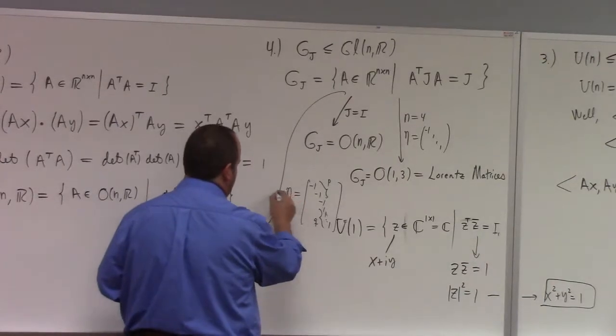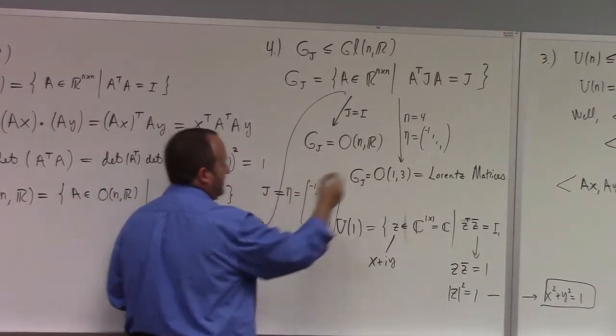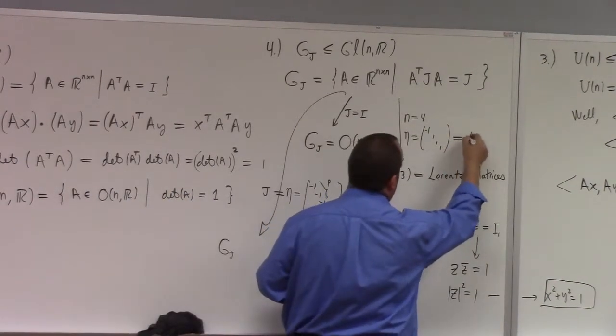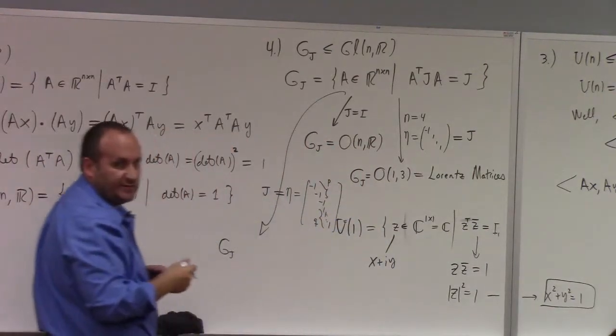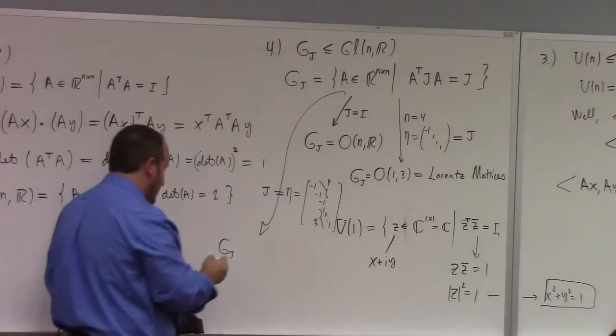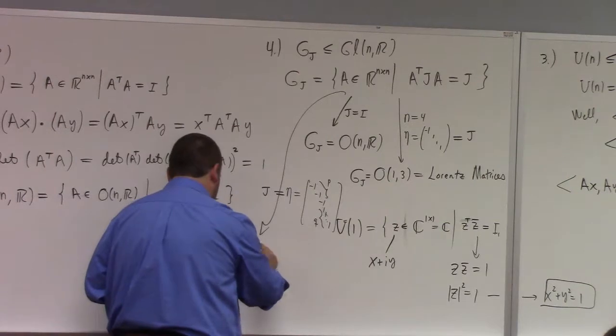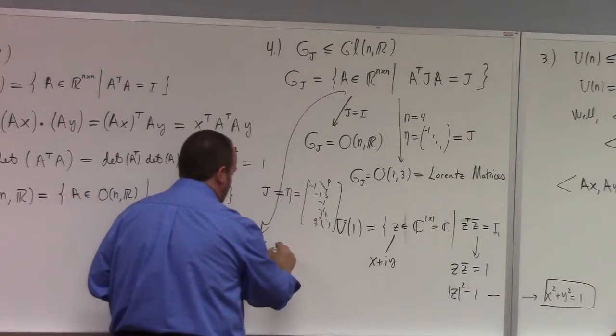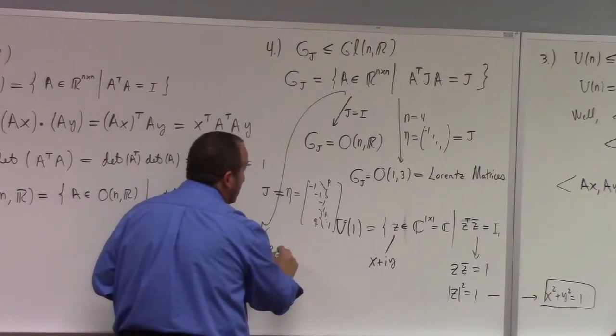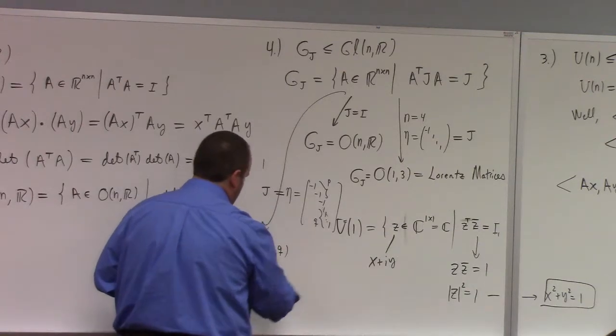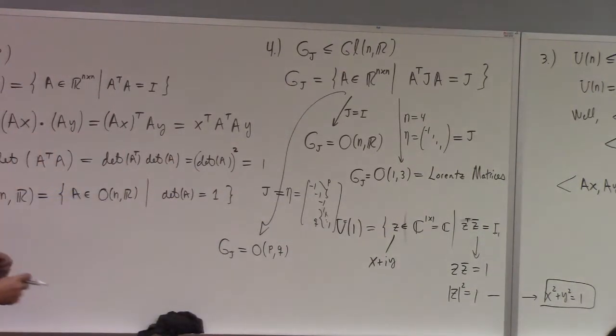And I'm saying that that's my J. Sorry, I meant to say that's the J. You guys should ask me about that, yeah? So here G_J is known as O(p,q), I think, in my current notation. So I had p equals 1 and q equals 3 in my Lorentz matrix example.